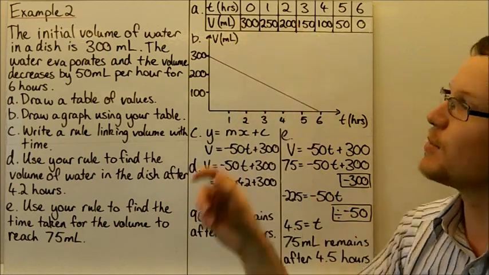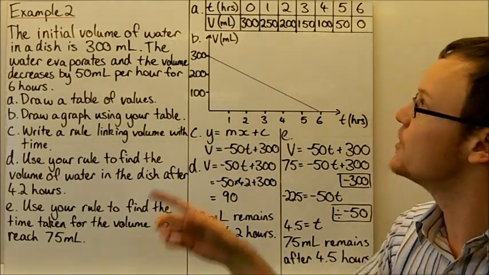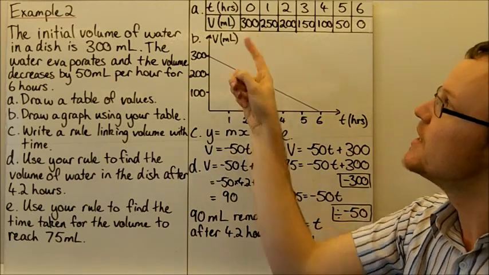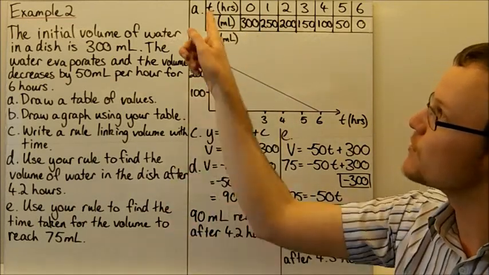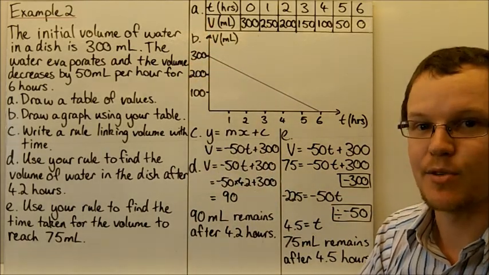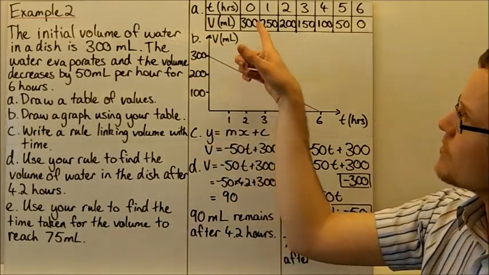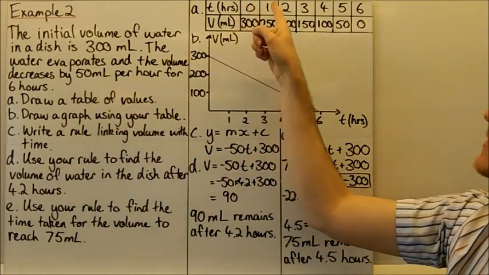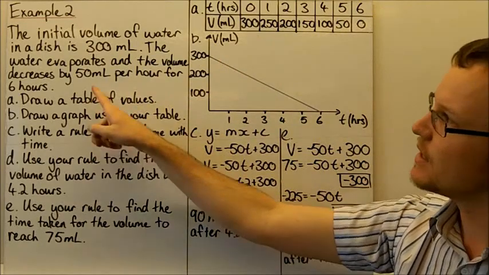So we can draw our table of values. Our initial value at 0 time when we start is 300 millilitres. I've chosen T to represent time and a capital V to represent volume. So it says that every hour, up to 6 hours.